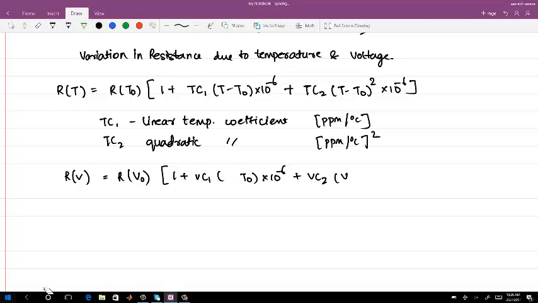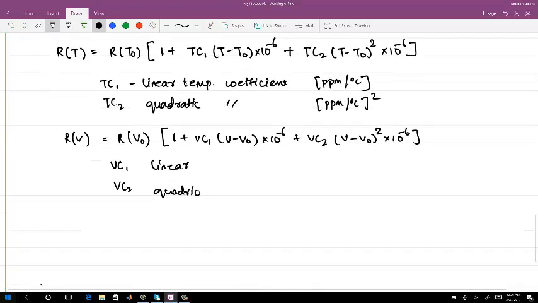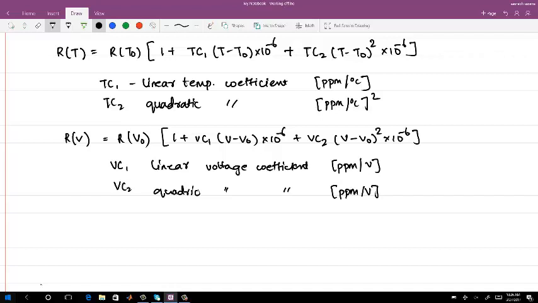V minus V naught, okay, and VC1 and VC2 are similarly linear and quadratic voltage coefficients, in parts per million by voltage and parts per million by voltage square.